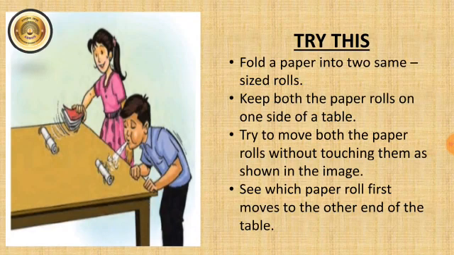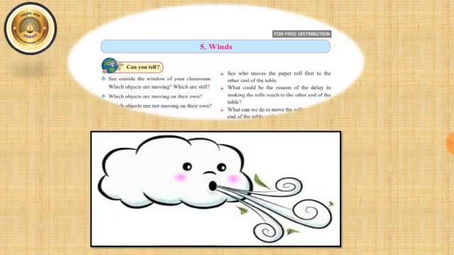Now you can pause the video and try this experiment. This paper can move because of the pressure of the wind which we are blowing with our mouth and with the book. So students, today's topic which we are going to learn is lesson number 5, winds.